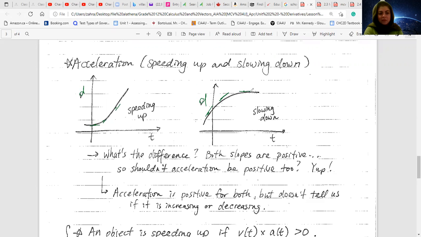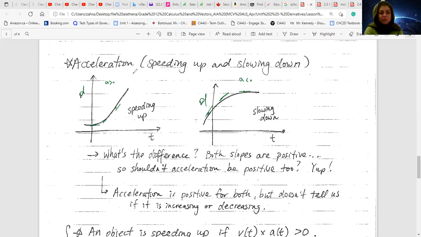This is slowing down. So concave up means acceleration. Concavity represents acceleration. Acceleration here is positive when concavity is concave up, a happy face. Sad face, concave down, means acceleration here is negative, or the second derivative is going to be negative.